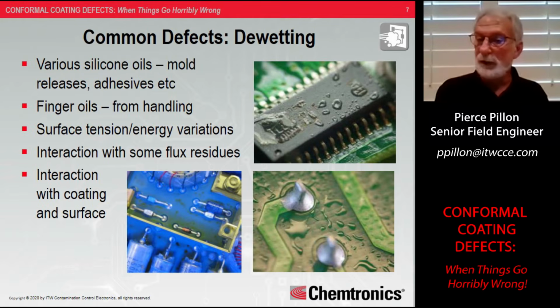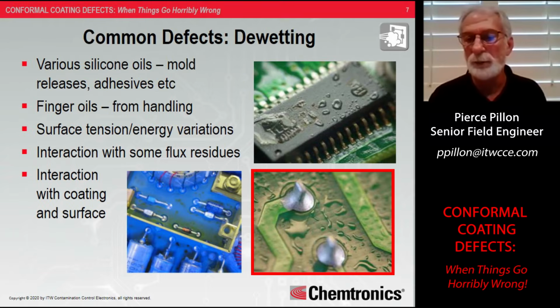It's because there are just differences between the surface tension of the liquid and the surface energy of the surface, whether it's a component casing or a board laminate. You see this in the bottom right-hand picture, that obviously that coating is not leveled out and adhering and wetting that entire surface.